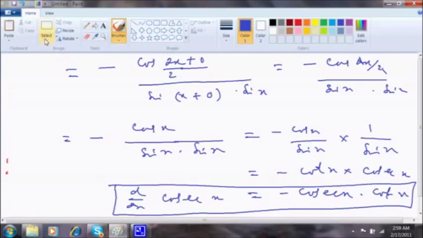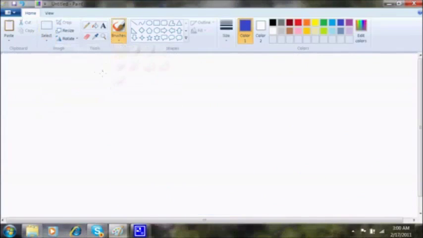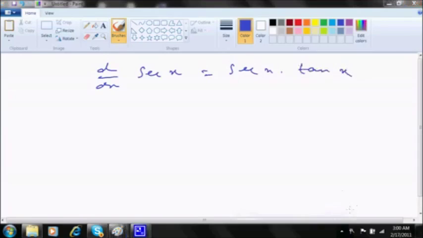The very same way you can get dy dx of sec x is sec x into tan x. I've seen many people reading this as secant x.